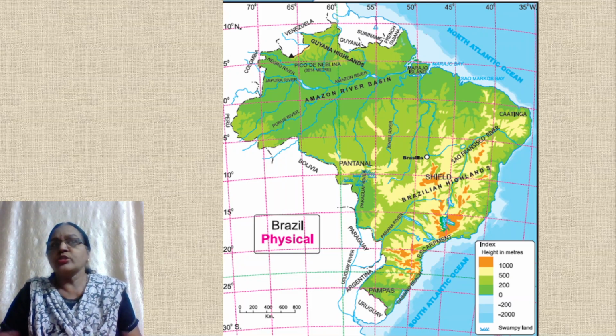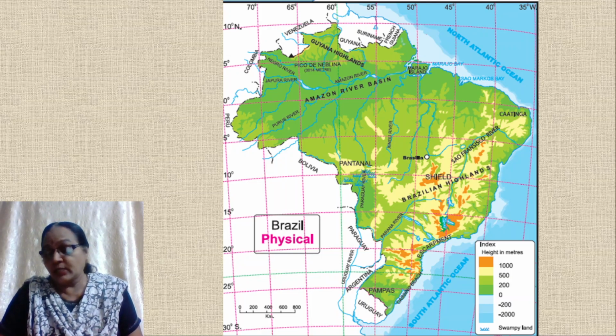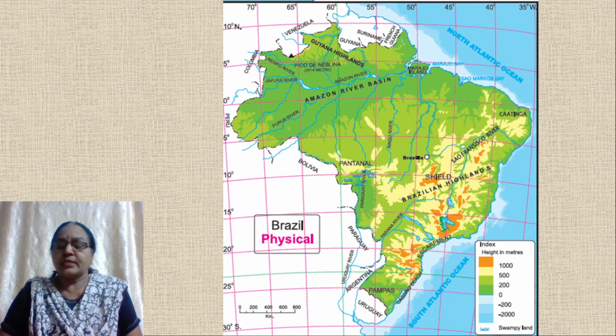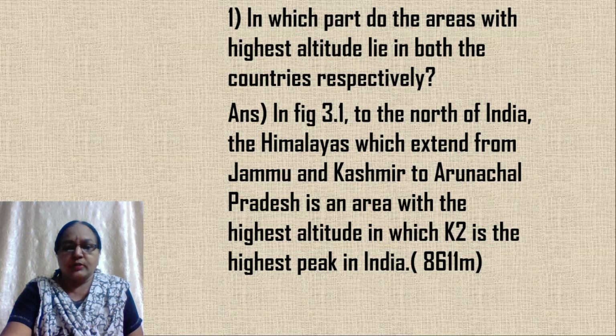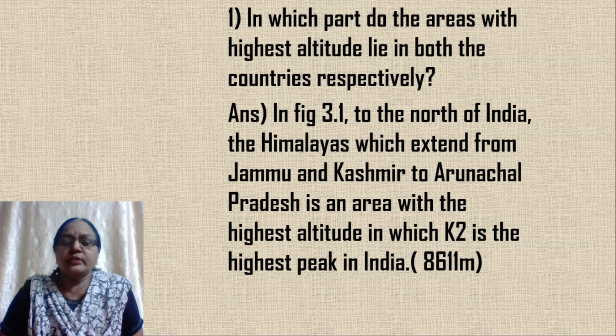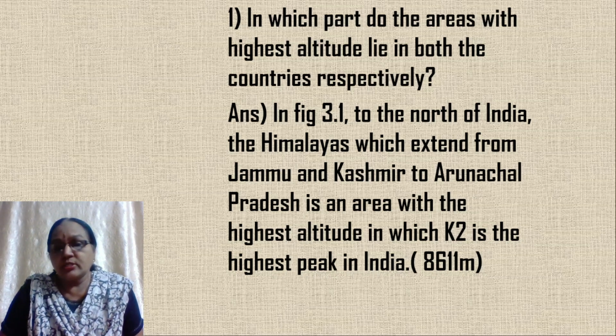So, just compare India with Brazil. In India, the maximum altitude is more than 8,000 meters, and in Brazil, it is more than 1,000 meters. Remember that, children. Depending on these two maps, let us answer some questions.